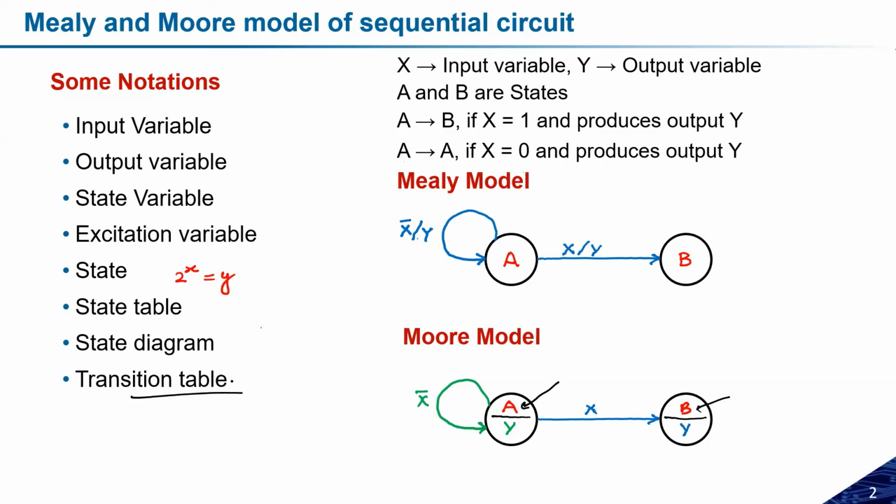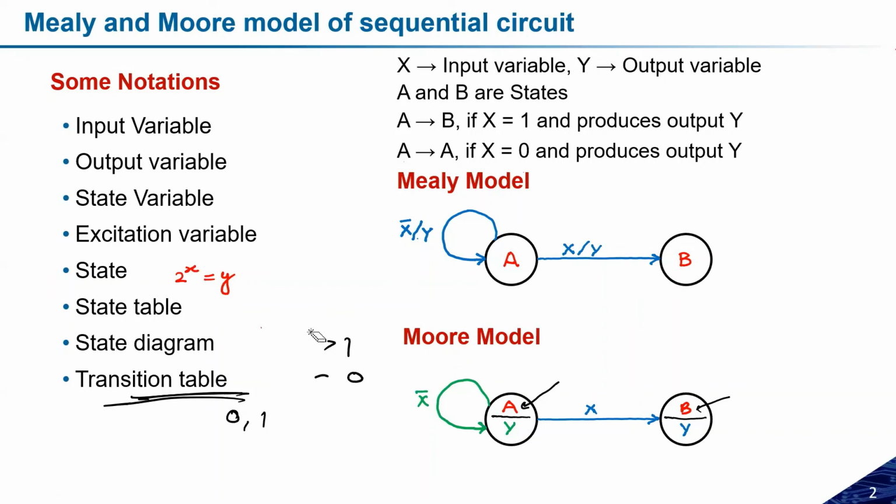But in the transition table, we will not represent them in terms of A and B, X, Y, Z. They will be represented in terms of 0 and 1. So if it is X, then I will use 1. If it is X bar, I will use 0.